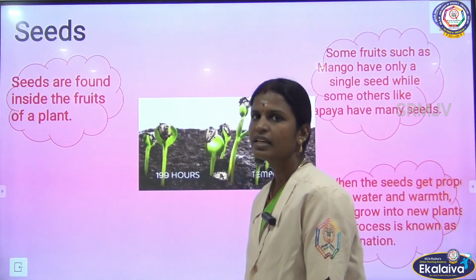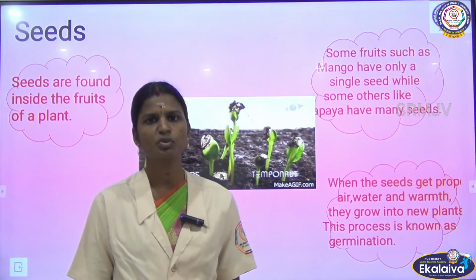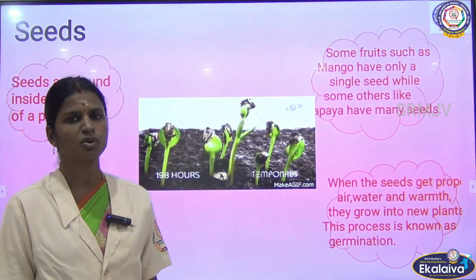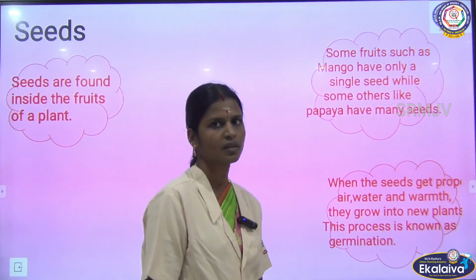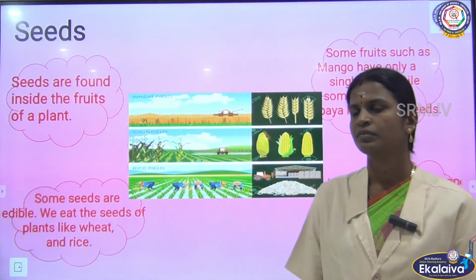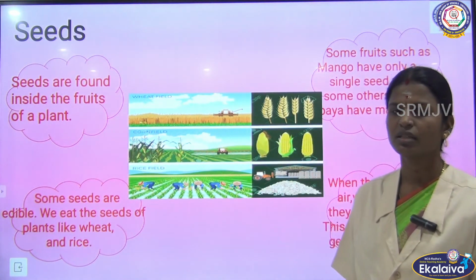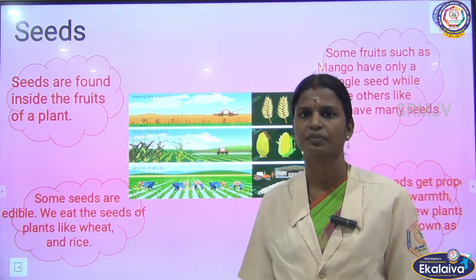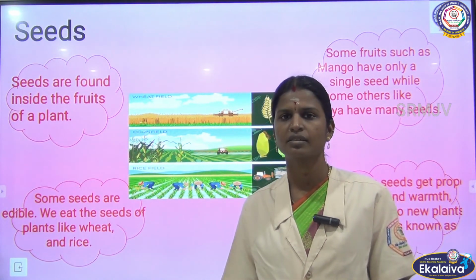When the seeds get the right amount of air, water and warmth, they grow into a new plant, and this process is called germination. Some seeds are edible such as rice, wheat, maize, etc. This is about the uses of fruits and seeds.